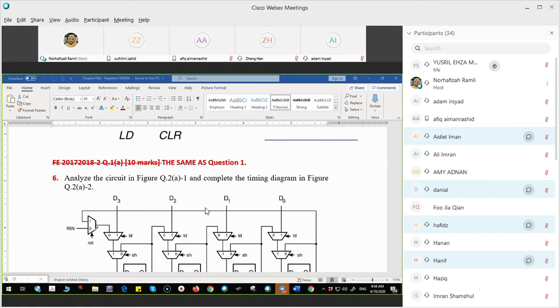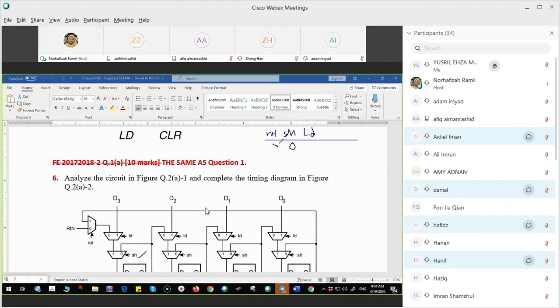What you need is actually shift, load, and ROT, right? But the highest priority is the shift. If the shift is 0, it will definitely take from here, so it will not look at the others at all.